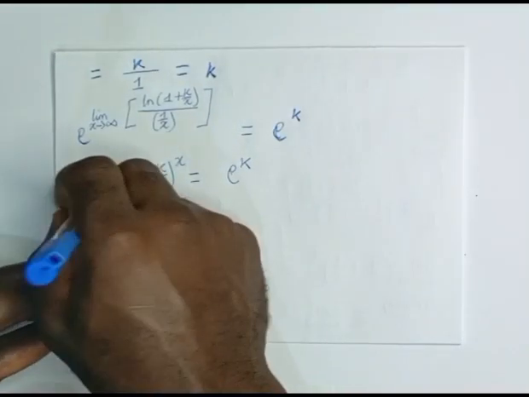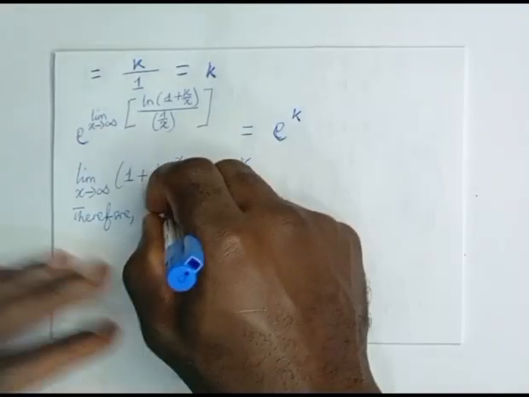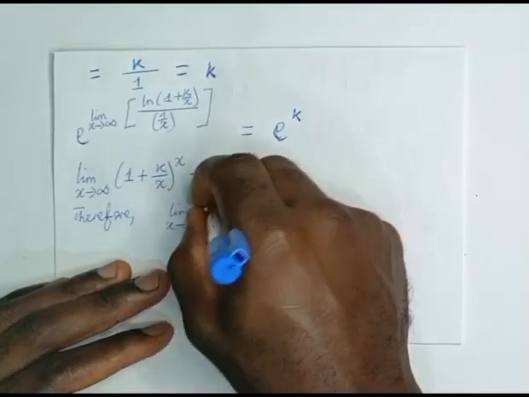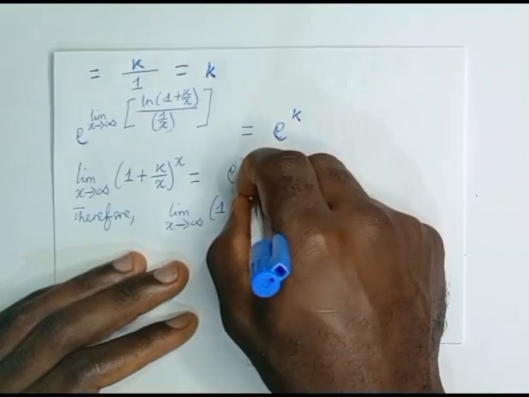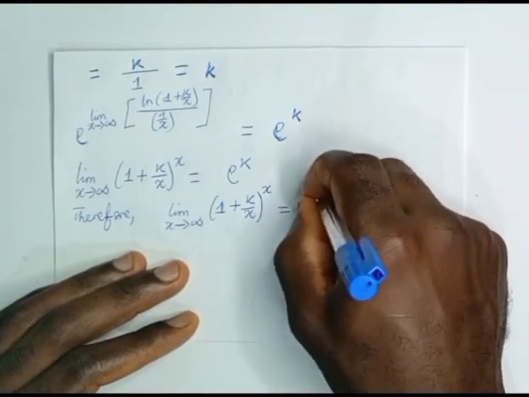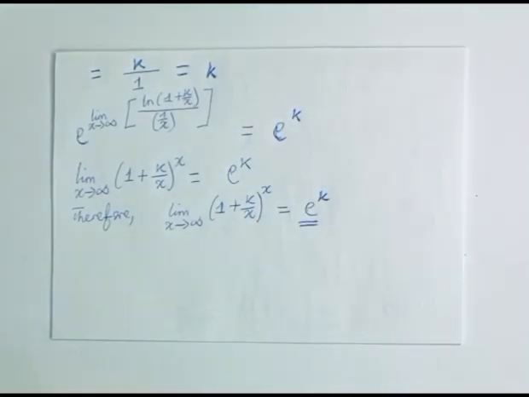We conclude, therefore, the limit as x tends to infinity of 1 plus k over x, all this raised to the power x, is equal to e raised to the power k. Take note of this. It is very, very important.